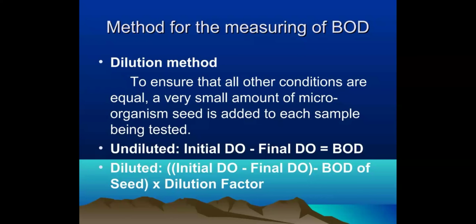Then you write this one. How to calculate the BOD? One is the dilution method, undiluted and diluted. So you can write this: undiluted means initial dissolved oxygen minus final dissolved oxygen.